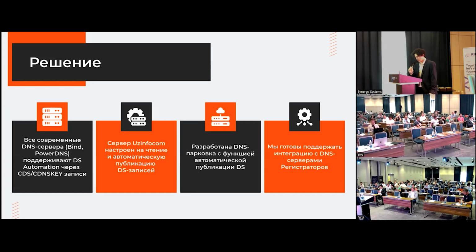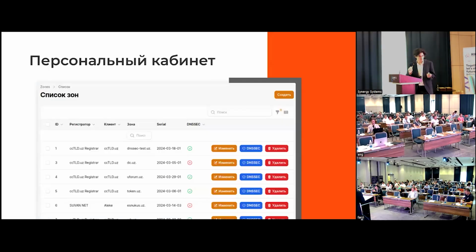If they do, it publishes them itself. Also, if the registrar has their own DNS parking and this function of automatic publication, or we can apply in other ways, our root server can pull out these records.